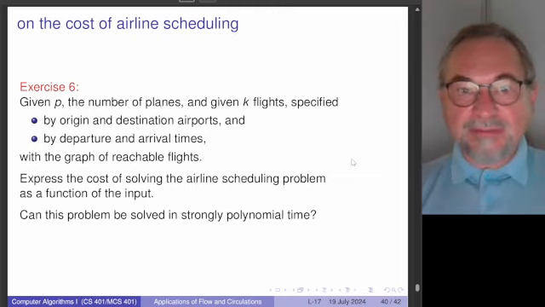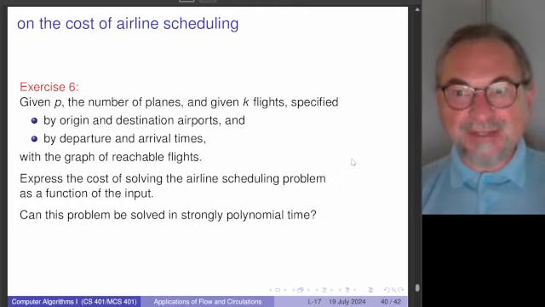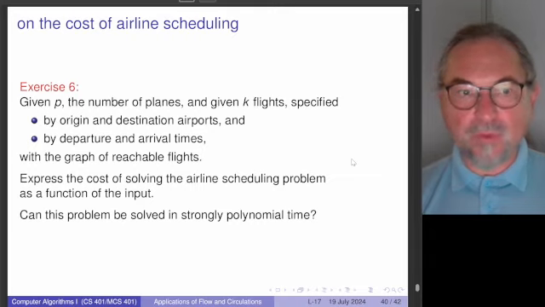Okay, then comes the cost bound. The cost bound was bounded by the optimum value, the maximum flow.